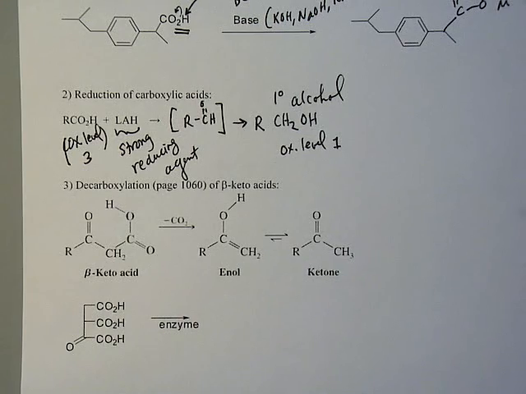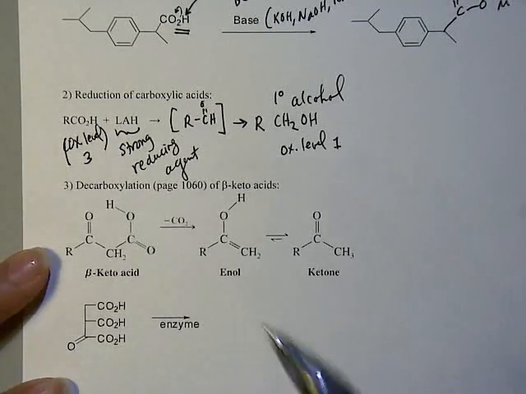But whenever you have a special acid that has a carbonyl group, not next door but two doors down, when you heat that kind of compound, it automatically decarboxylates, meaning that it extrudes carbon dioxide.